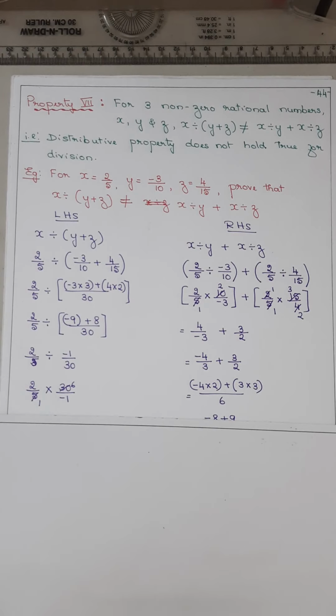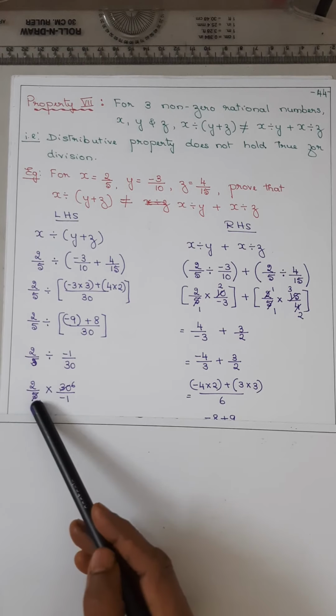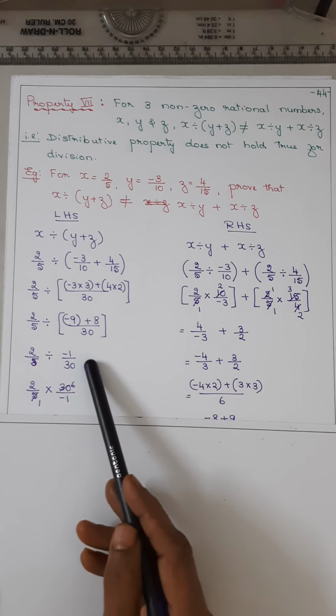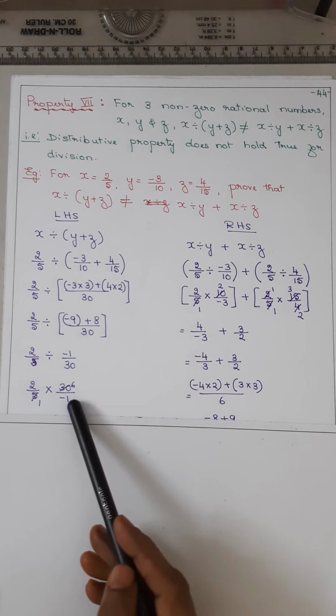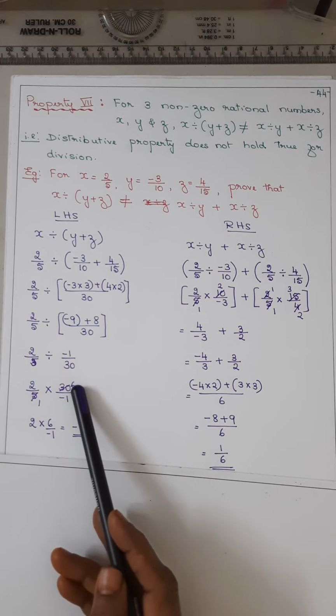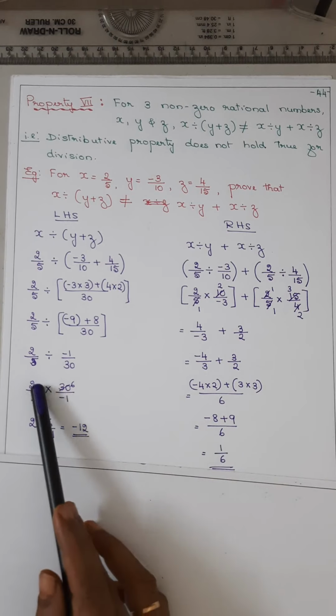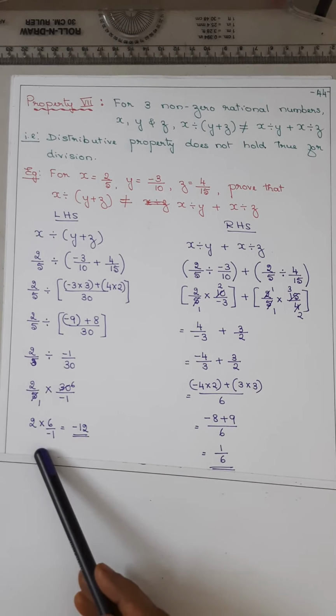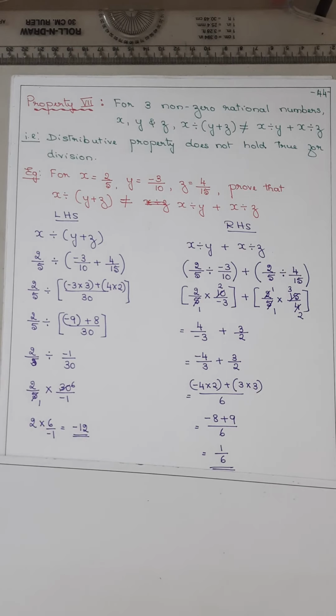Now division. 2 by 5 as it is, division sign, change it to multiplication, write the reciprocal 30 upon minus 1. 5 1s are 5, 5 6s are 30. 2 6s are 12 upon minus 1, that means minus 12.